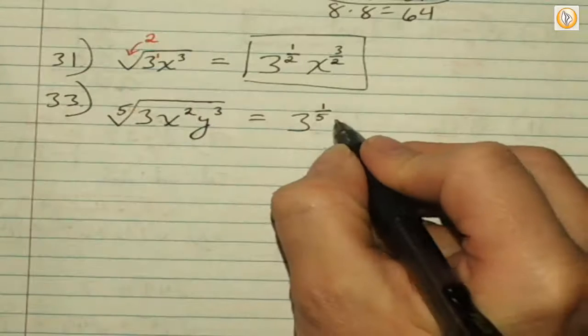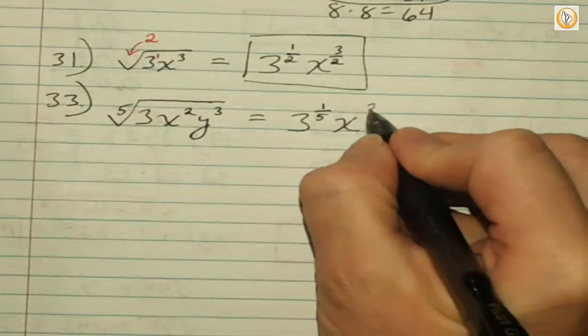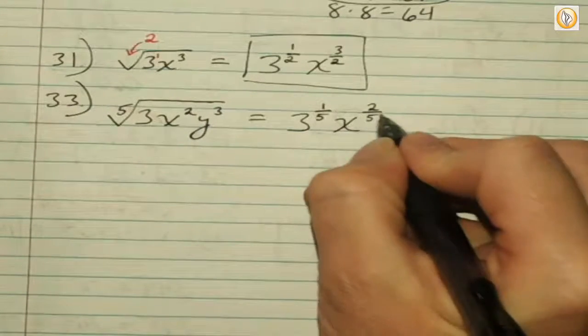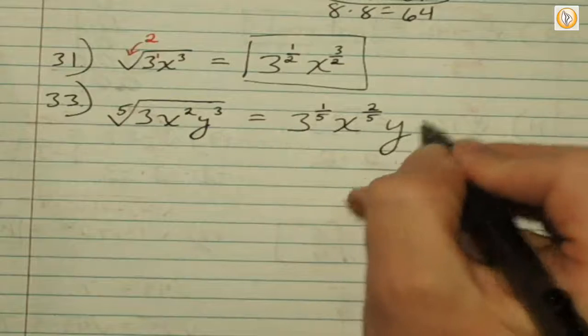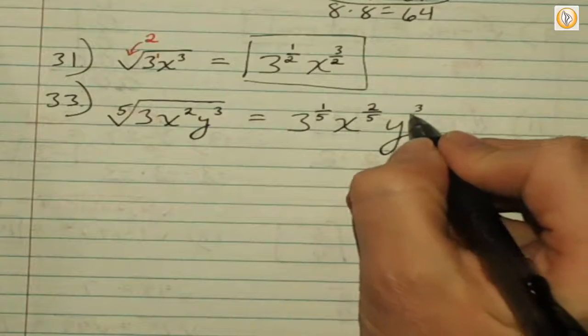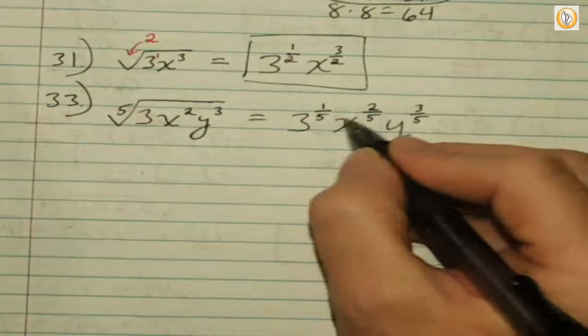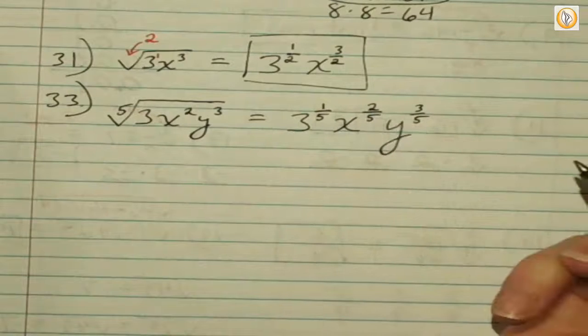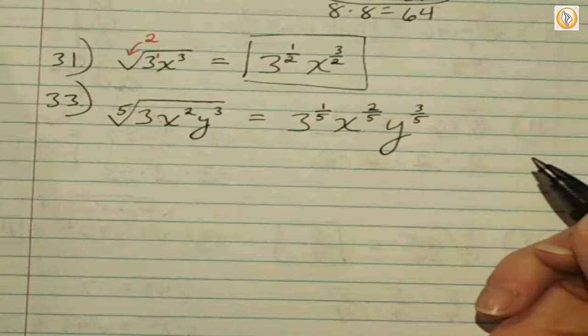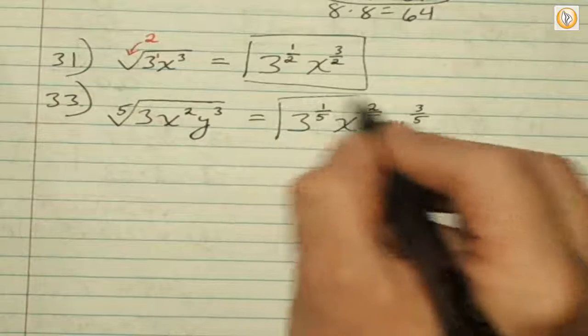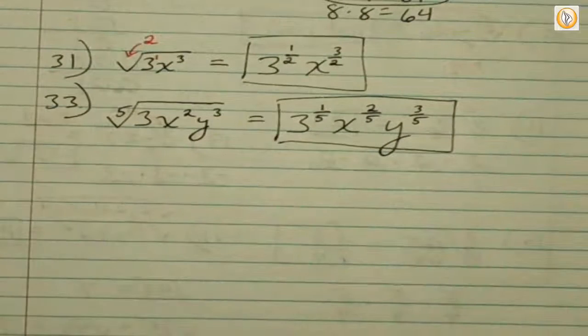Good. x, 2 as the numerator, 5 as the denominator. Perfect. And y, 3 as the numerator, and 5 as the denominator. Very good. Do any of these need to be simplified? No. And you're correct. Good job.